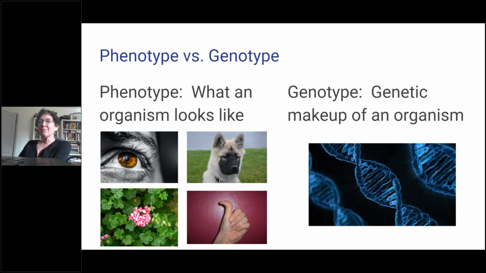And that last picture down there is something called hitchhiker's thumb. If you put your hand just like that, if your thumb goes back like that, which mine does, that is called a hitchhiker's thumb. My husband's thumb goes straight up, like he can't bend back at all.